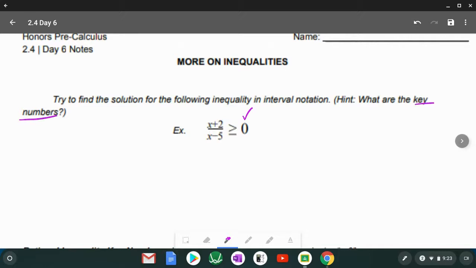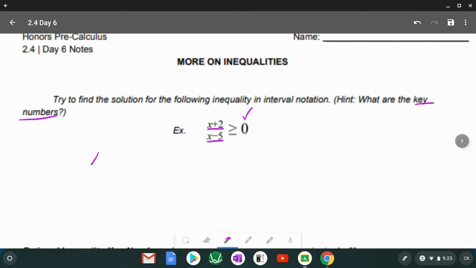So our polynomial inequalities yesterday, a lot of times we had a quadratic or we had something that could be factored. So we would factor those numbers and solve for the left side. Well, similarly, there's nothing really here we can factor, but we do notice that it's kind of like two factors in the numerator and denominator. We haven't learned anything about this yet, but we're going to in a minute.